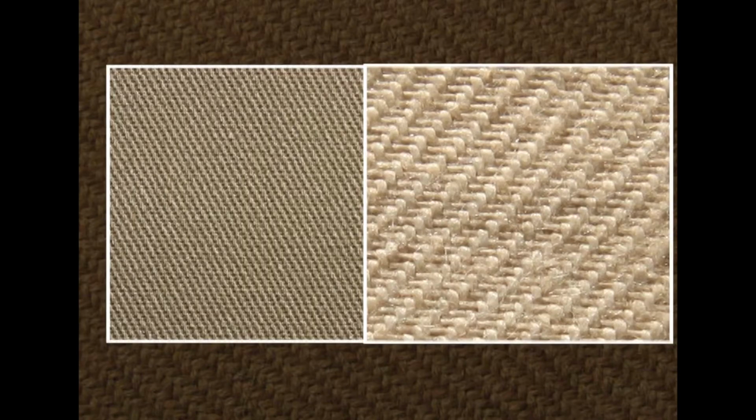And then, by changing the direction of the twill, we can also bring variations. Sometimes we see that the line starts from the left top and progresses to the right bottom, or it may start on the right top and progress to the left bottom.